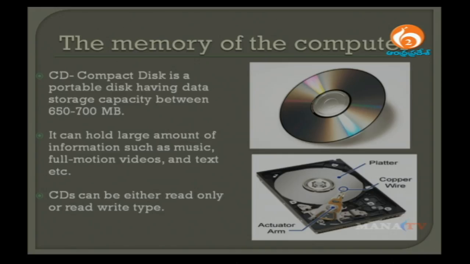And now, what is this? I have told you the first point: compact disk is a portable disk having data storage capacity between 650 to 700 MB. If we go to a shop and ask for a CD, there is a round kind of thing which I will show you in the picture. There is a CD, the first display. It is something we always get when we purchase a movie.